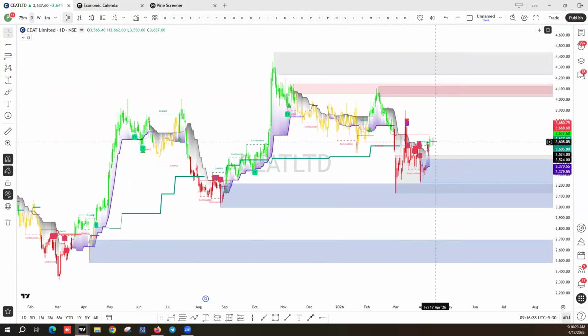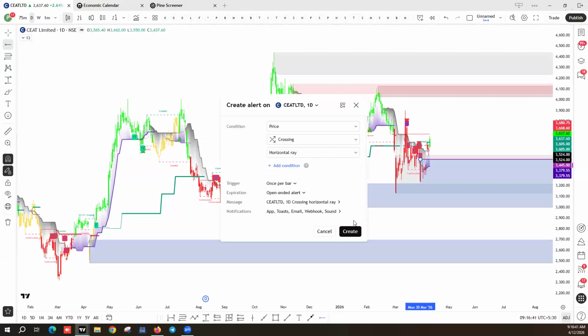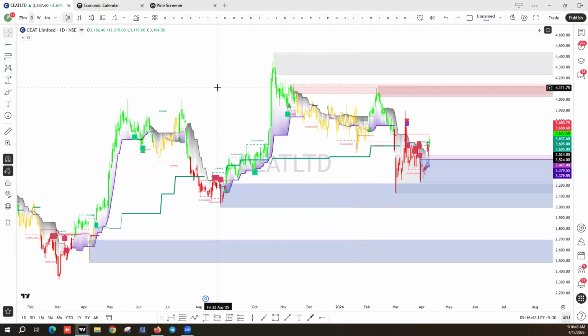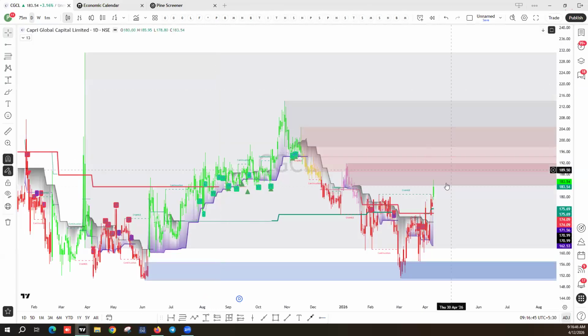The CAT Limited has turned to green. Bullish bias is present, bearish bias is also present. I'll look for retracement if at all I want to take a trade in this. Color change to green above all bands.